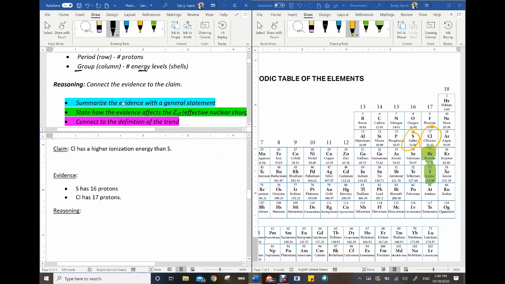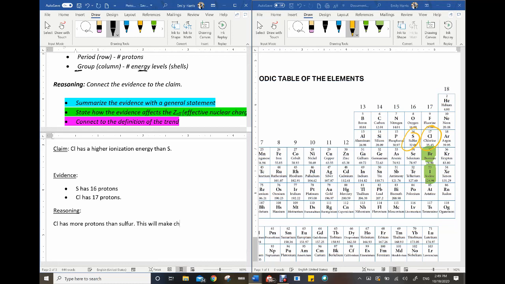We'll begin by summarizing the evidence with a general statement. So in general, we see that chlorine has more protons than sulfur. All right. So now that we've got our general summary, we're ready to show how this evidence affects the effective nuclear charge. If it has more protons, it's going to make the effective nuclear charge greater.